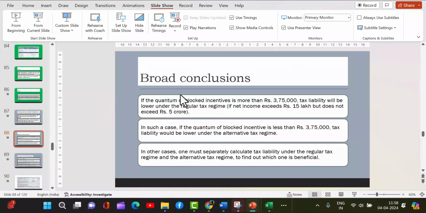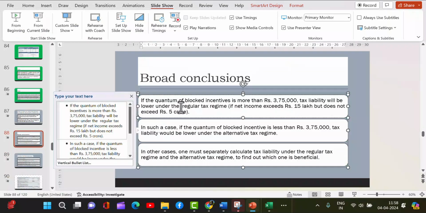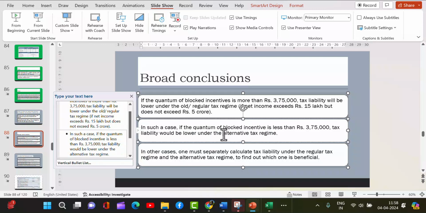So regular should be read as old. I'm just going to put here: this is the old scheme. Now it has become old. If the quantum of blocked incentives is more than that, tax liability will be lower under the old regime. And if the net income exceeds 15 lakh but does not exceed 5 crores, and the blocked incentive is less than 3,75,000, then it is the alternate tax regime, which is the new one.